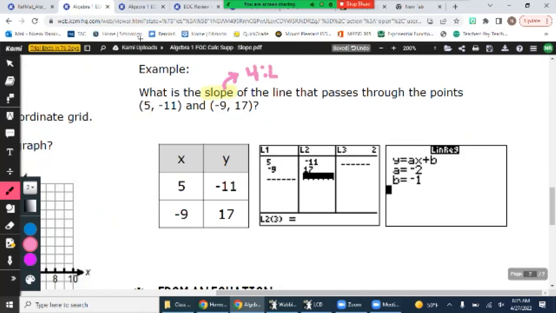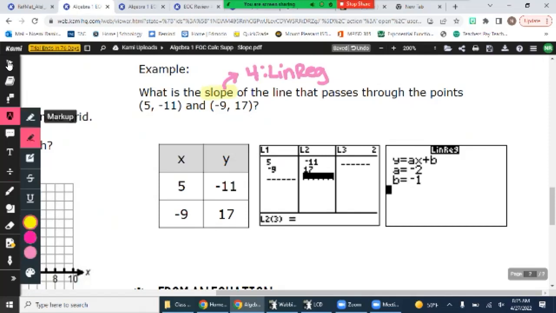So you would have to use 4, linear regression. It gives you -2 and -1. And between the -2 and -1, which one is my slope? -2. So that's the answer you should be looking for, unless it's asking you for the whole equation. Then you can put all that together.